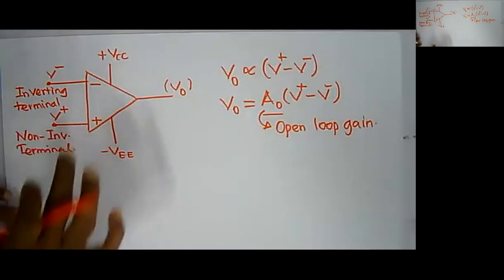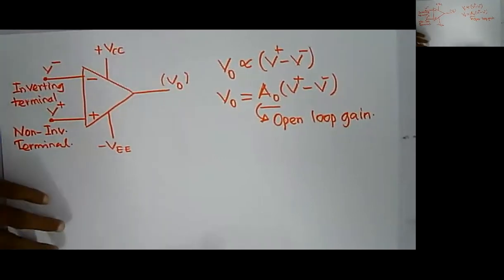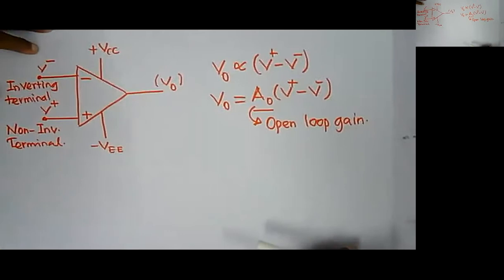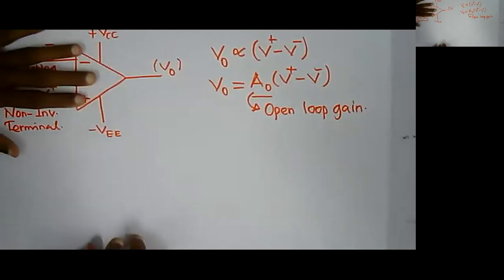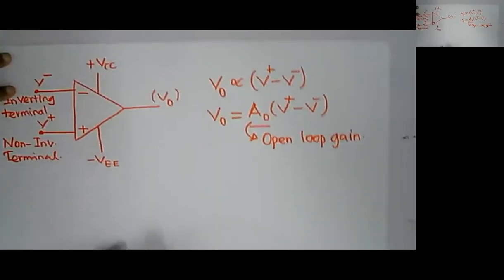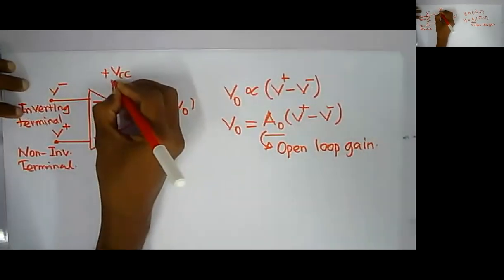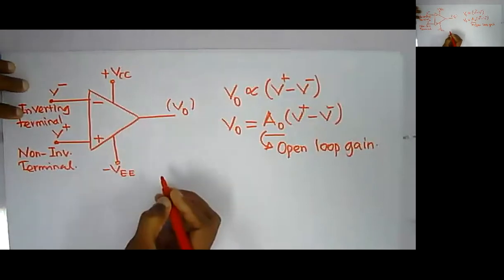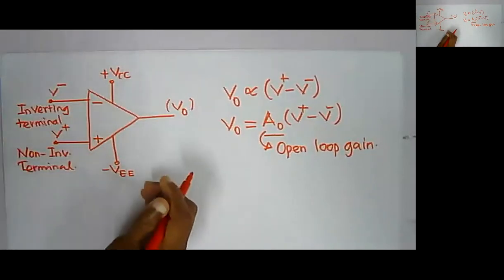Now let's see how the internal circuit of the operational amplifier looks. If you have an amplifier, it must have an input resistance, output resistance, and gain. Before going into that, I have plus VCC and minus VEE. What is the reason for these two voltages?